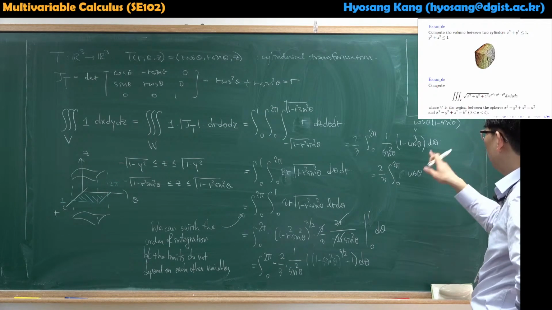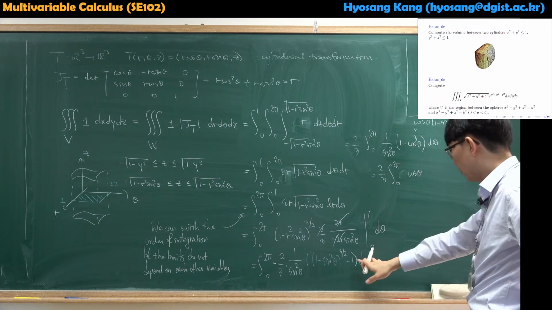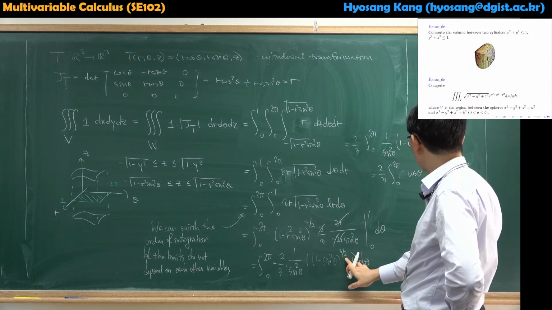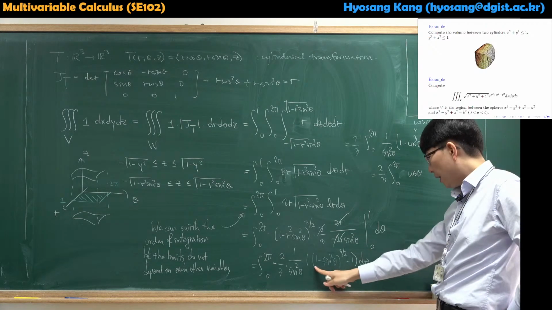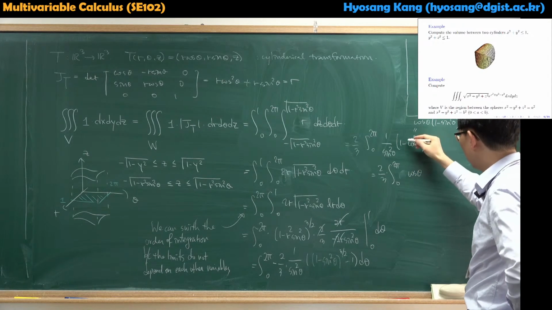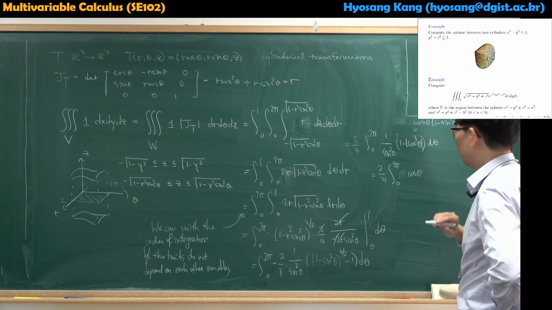Sorry, so first of all, this is 3 over 2, right? This is 3 over 2. So I always have a positive sign here, so I need a positive sign. So I just don't use cosine cube, I need the absolute value of cosine cube.